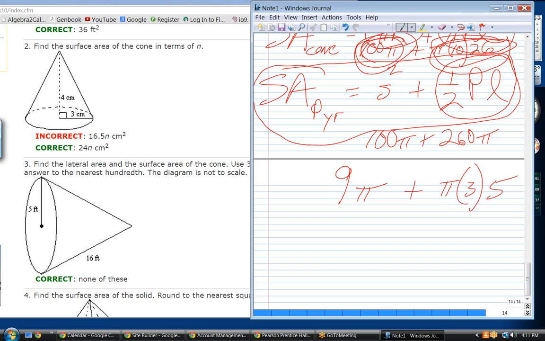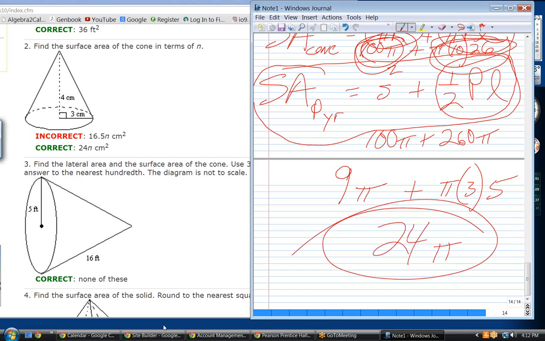Ah, I know what we did. We took half of that. That's where I made the mistake. I applied the wrong formula. I was thinking it was 1/2 pi r L, and it's just pi r L. So 24 pi is our answer. That was my fault. Apologize.